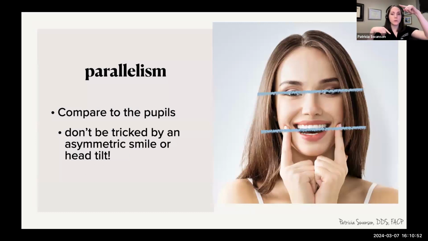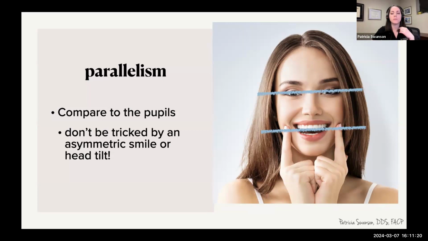So I don't like to actually use a level when I'm trying something in my patient's teeth, unless I also have something to level compared to their head, because a lot of patients sit with their head turned one way or the other. And if you make their teeth parallel to the floor, it might not be parallel to their face. So don't get tricked if their head has a way that they tend to tilt, or some patients tend to have a crooked smile, one side always smiles higher. You want to make sure their teeth are parallel to their eyes.